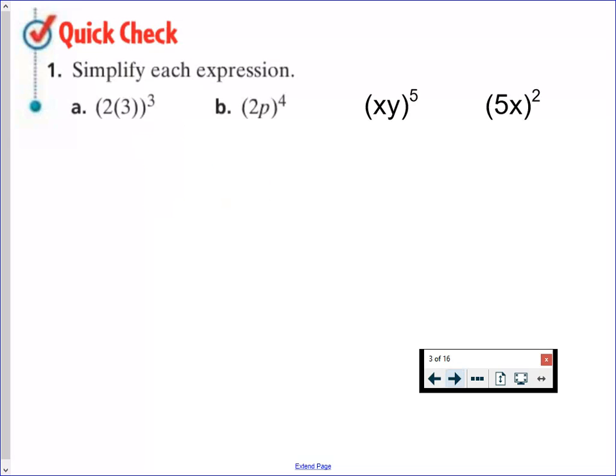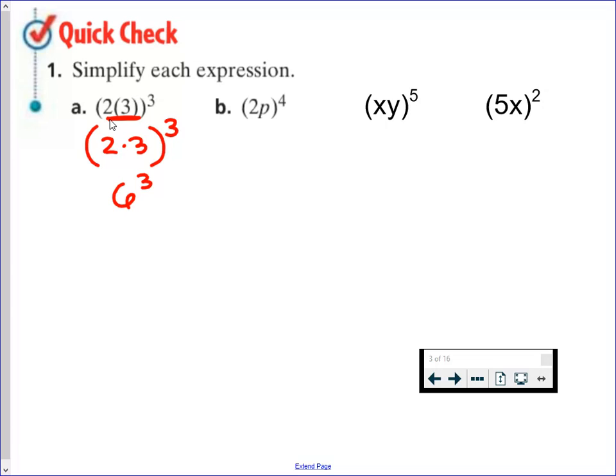When you look in your notes and the boxes on there, the first one looks really scary with all those parentheses, which is just basically a trick. What does it mean when the 2 and the 3 are smushed together? 2 times 3 to the third power. What does that mean? 6 to the third power.